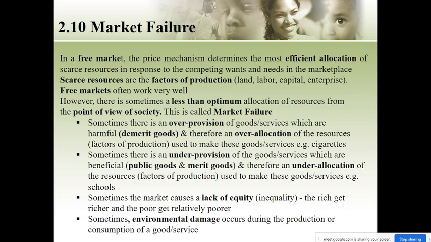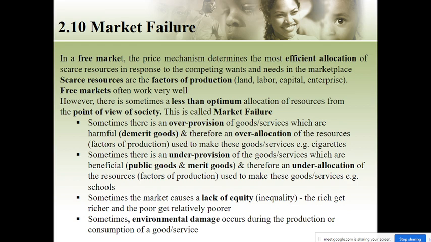Products which are harmful for the society are produced at a high level in that society. You are giving your resources to the production of these harmful products.